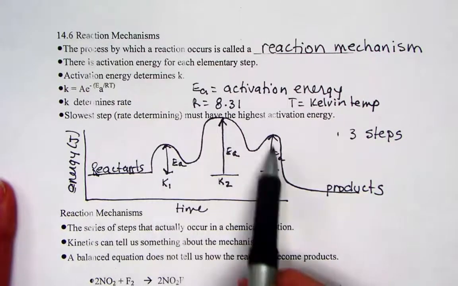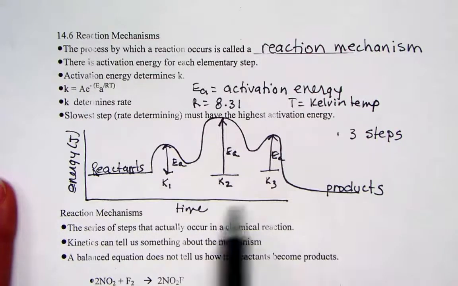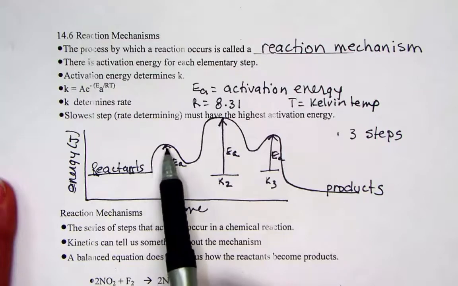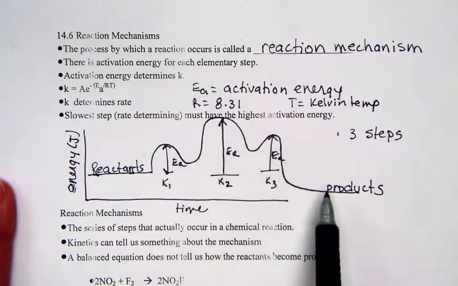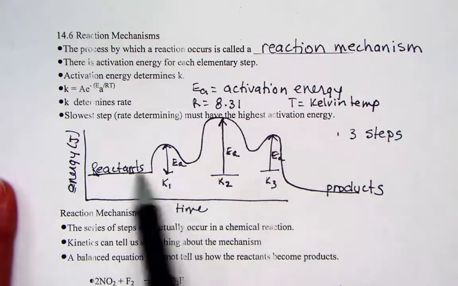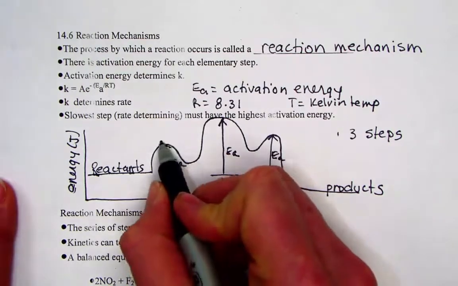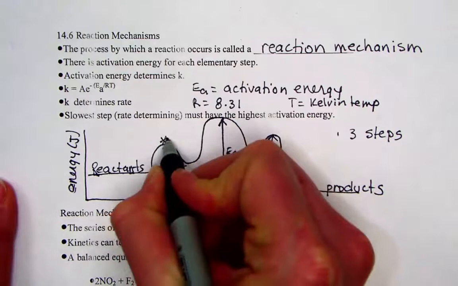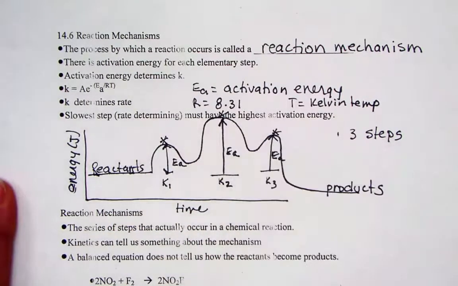When I look at this particular energy graph, reactants form products over time. It looks like it took 1, 2, 3 different collisions, 3 different elementary steps for the reactants to finally achieve the overall product. Each time we have a collision in an elementary reaction, we produce something known as an intermediate.